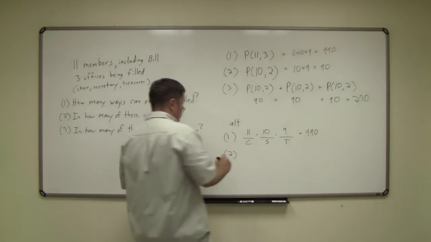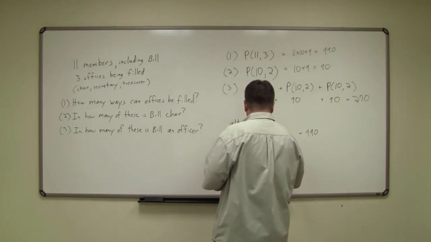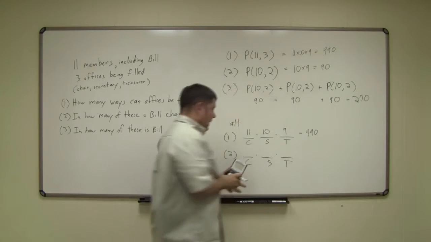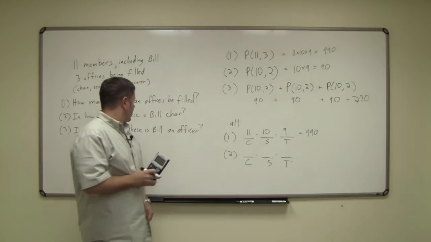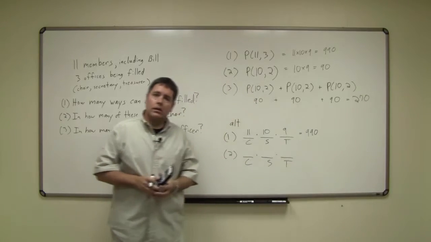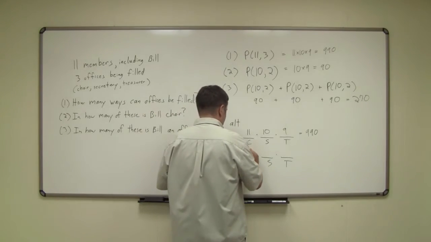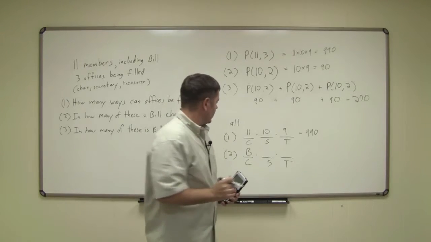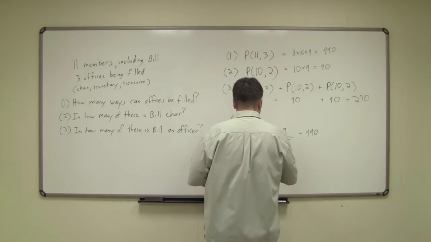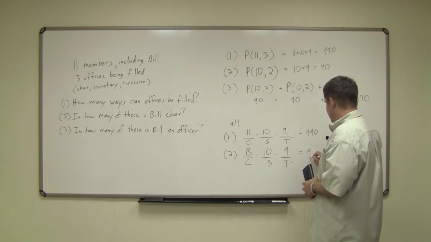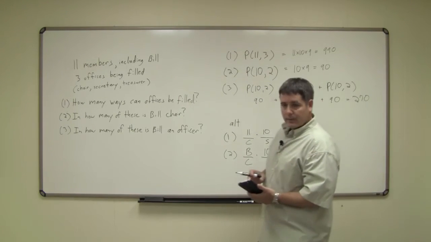Now the way that would work in problem number 2, just as an example, you'd again write down the 3 offices here, but now we're told that Bill is the chair. So there's Bill as the chair. And there's only 10 people left to take this, 9 people left to take this, so there's your 90.